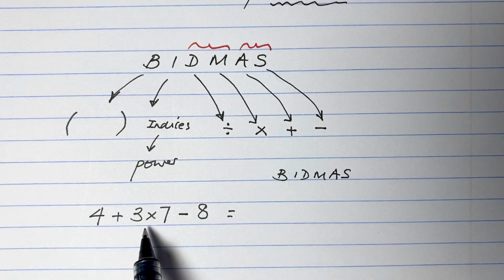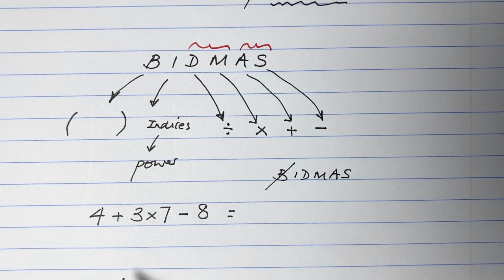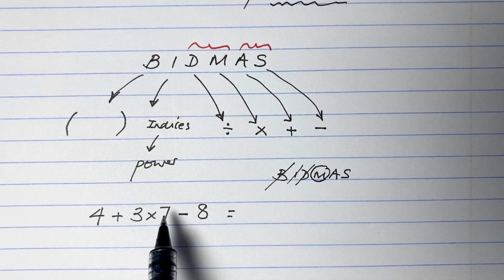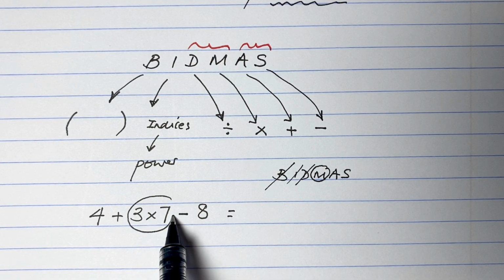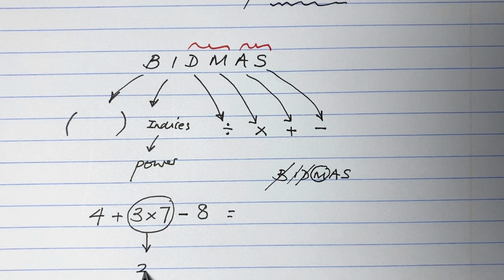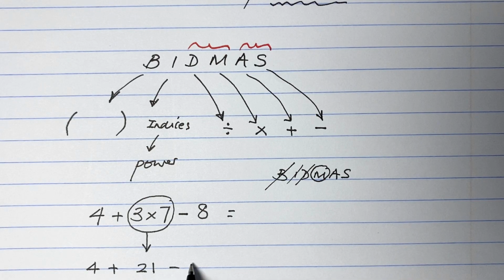Are there any brackets here? No. Are there any indices, any powers? No. Are there any divisions here? No. Are there any multiplications? Yes. So you need to do the multiplication first. So that's 3 times 7, that's 21. So we have 4 plus 21 minus 8.